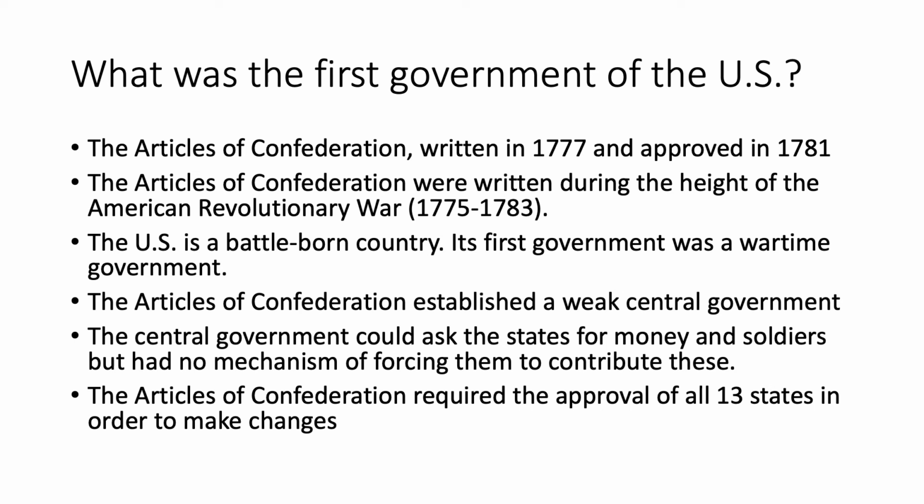And the Articles of Confederation were also problematic because to make any changes to the Articles, let's say you wanted to improve the Articles, you needed the consent of all 13 states.